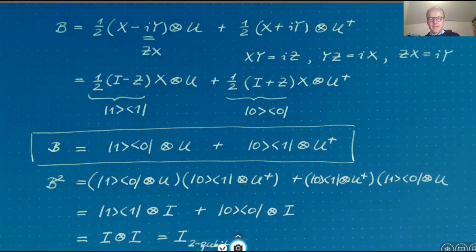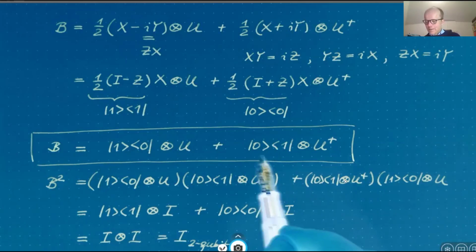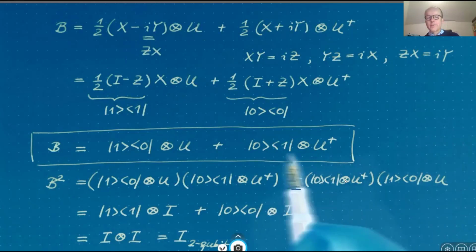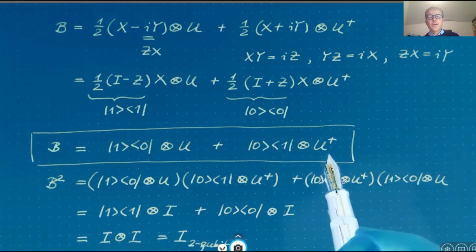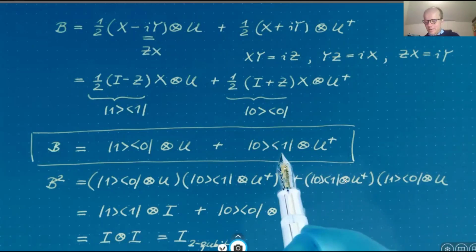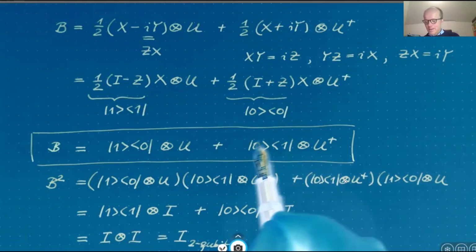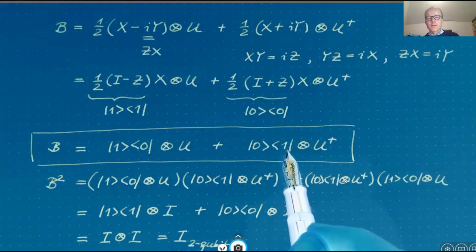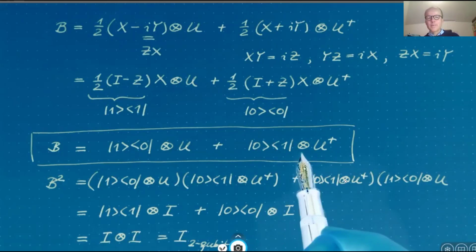When you apply this operator to the tensor product of 0 times psi, then this second term here will not contribute, because when you apply this dyad 0, 1 to the basis state 0 of the first qubit, you get a scalar product of the basis state 1 with the basis state 0, and that vanishes.